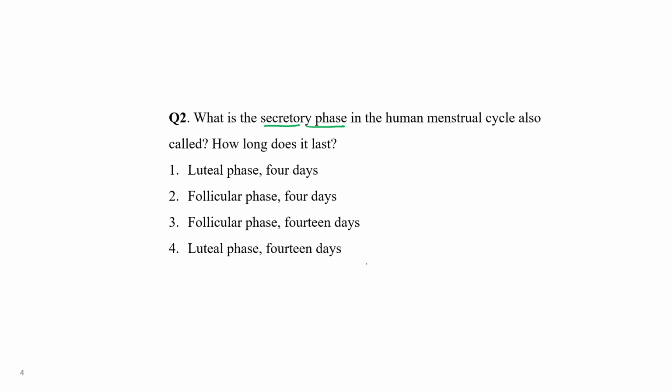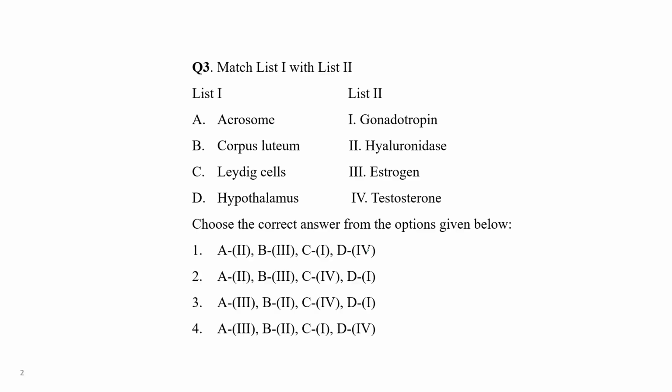It is 14 days. As for the menstruation phase, what is the length? 3 to 5 days, right? Similarly, the luteal phase time span is 14 days, not 4 days. So 14 days is the correct answer, and choice number 4 would be the correct answer of this question.